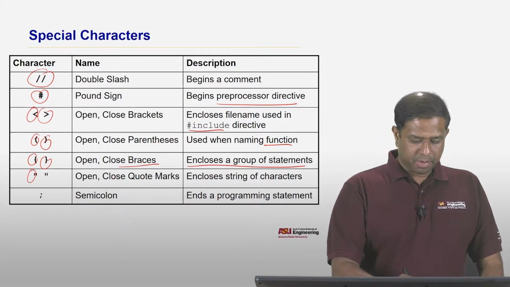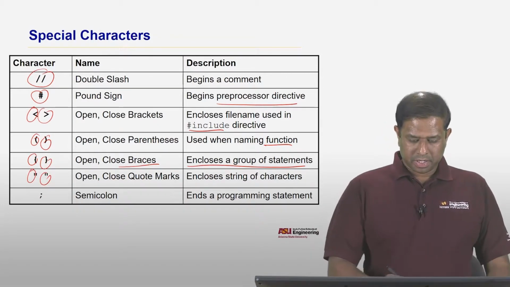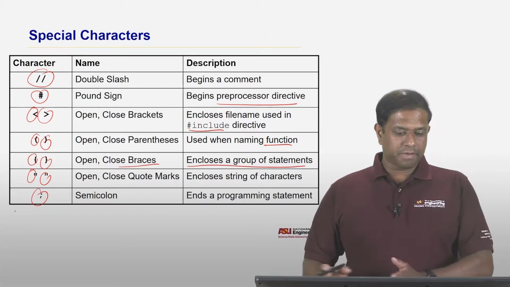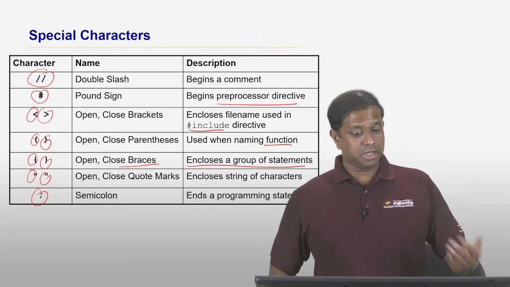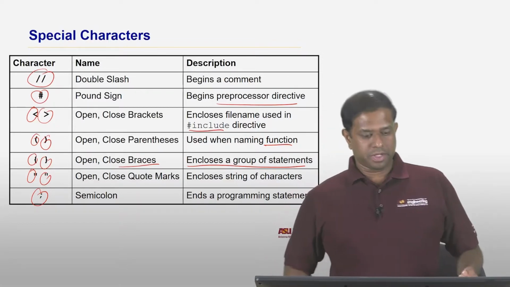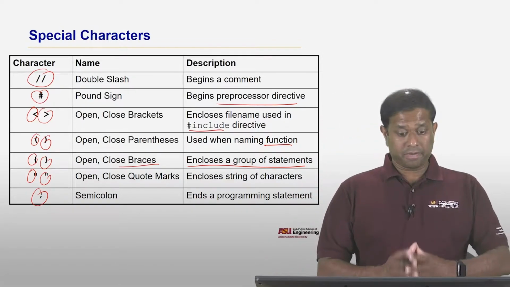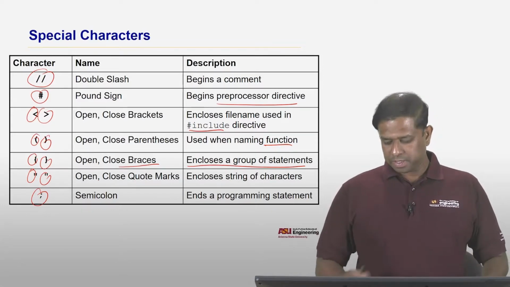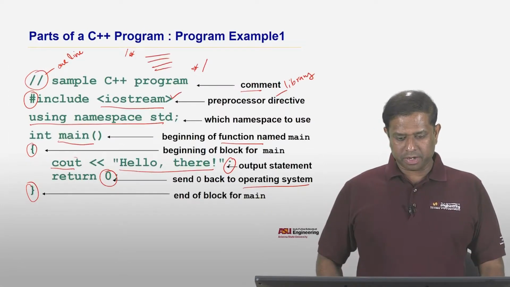And then we have double quotes to indicate strings, and then semicolons to indicate the end of a statement, right? So these are special characters that we use in a program to indicate specific things, right? So that we cannot use them for other purposes. They have special meanings associated with them, right?